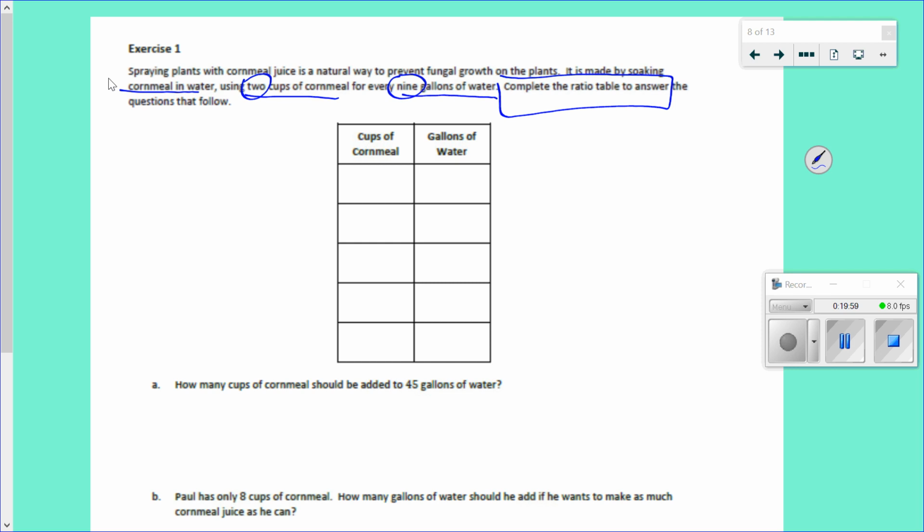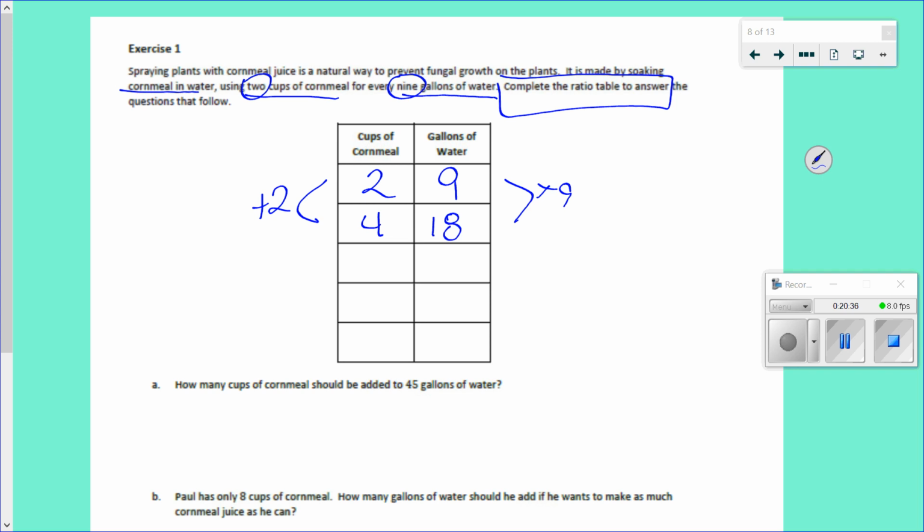What ratio did they give us for cornmeal to water, Avi? And how many gallons of water? Any questions about that? All right, so what would come next in my table, and how did you get it? Okay, so I add 2 and I add 9.